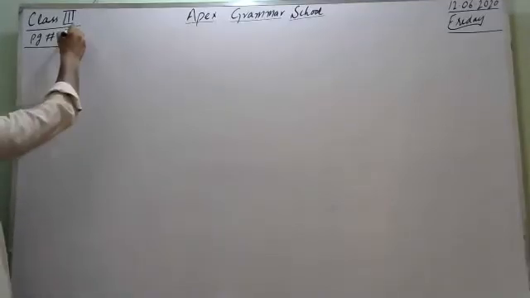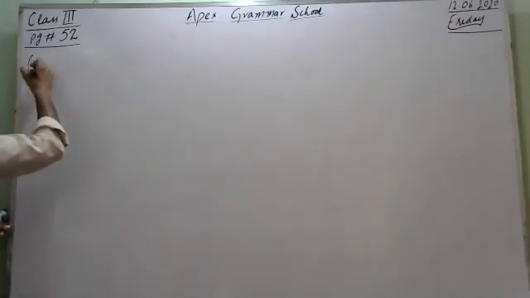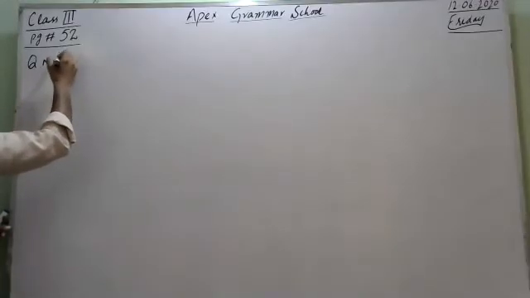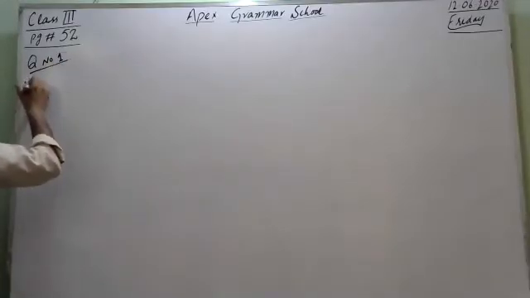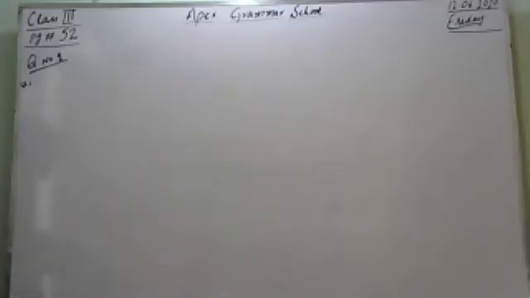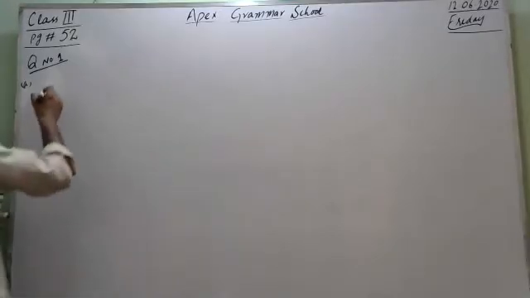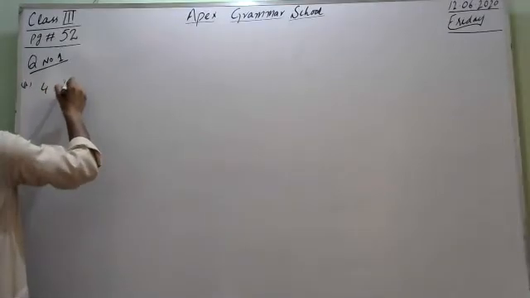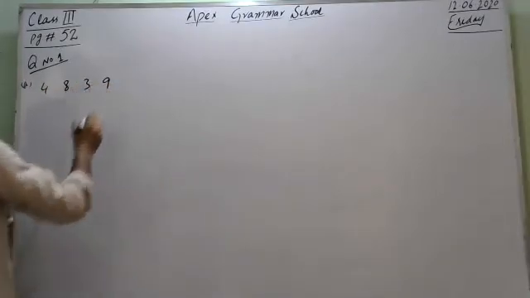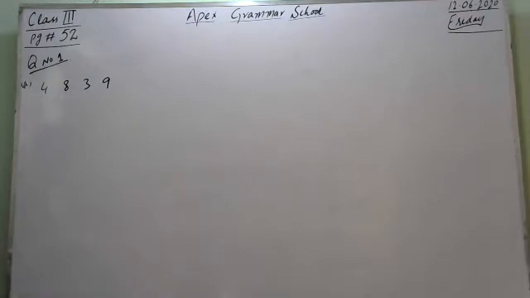Now moving on page number 52, question number 1. A part is 4839 minus 2769.